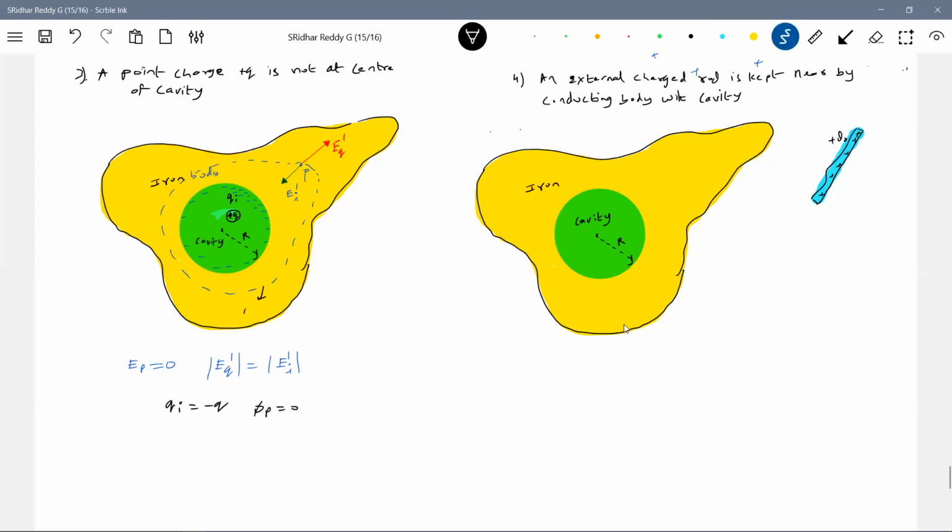Where is the Gaussian surface? There is a Gaussian surface. Getting the idea? This one. So therefore, the induced charge should be negative. Then what is a conductor? Conductor is electrically neutral. So what it does? It will produce more charge here.